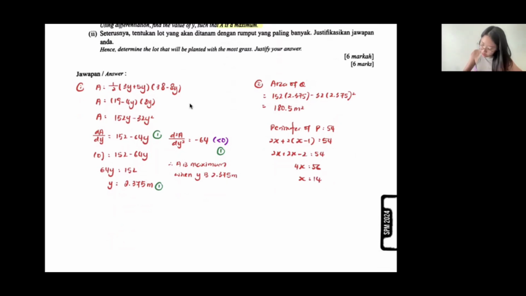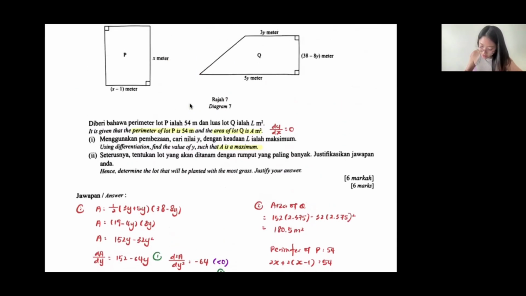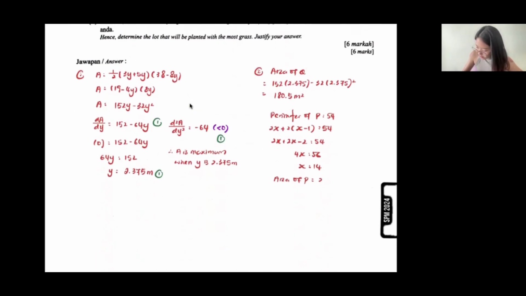Then let us find the area of P. That will be x times x minus 1. X is 14, so 14 times 13, which is 182 meter squared. So which one is bigger? Lot P will be bigger.